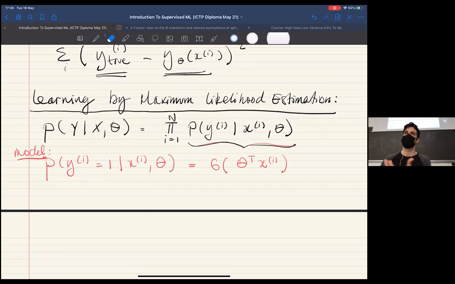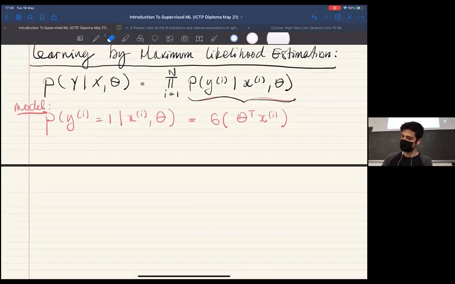So one compact way to write this is like this. Let me write it in words.